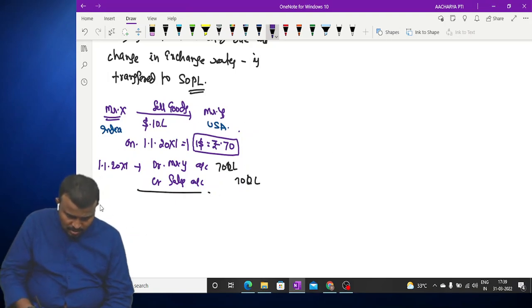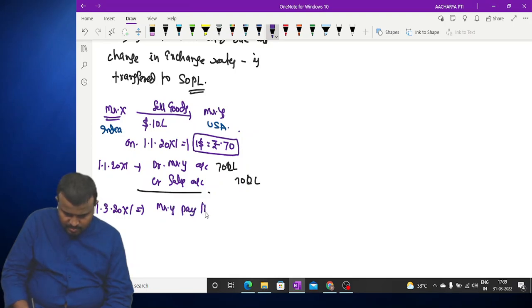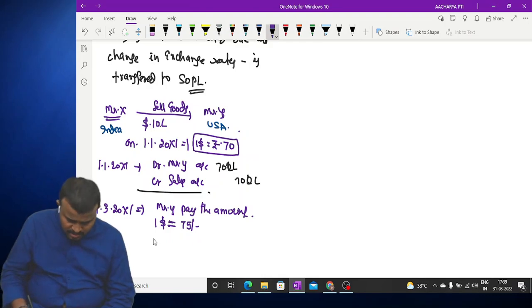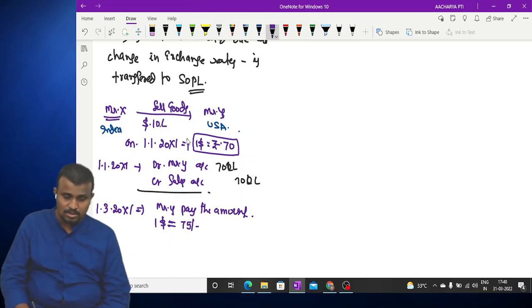For example, on 1-3-20X1, Mr. Y pays the amount. On that day, $1 is equal to 75 rupees. Here, that party pays 10 lakh dollars to us.